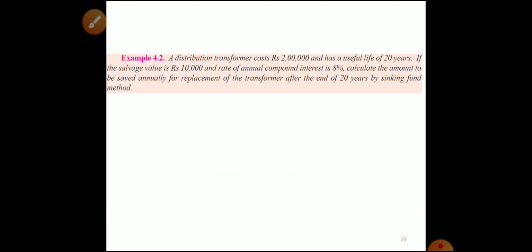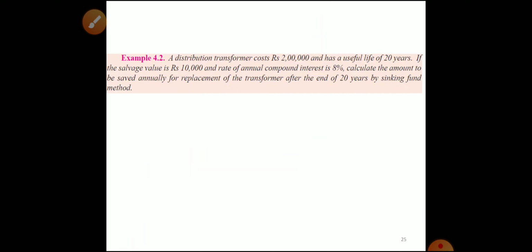So this is all about the theory part of the depreciation and the depreciation methods and their derivations. Now we'll consider some numericals to apply this theory.